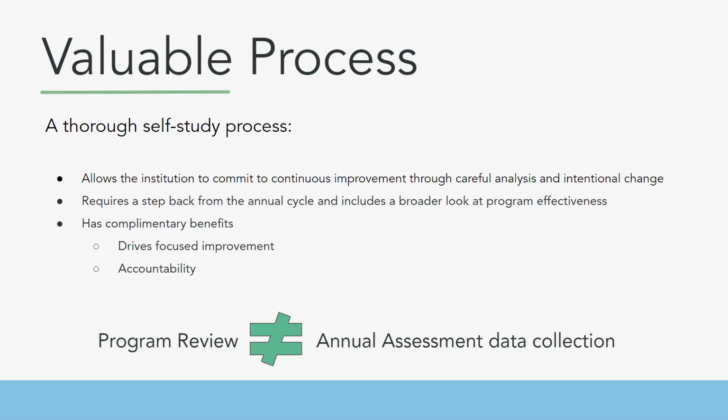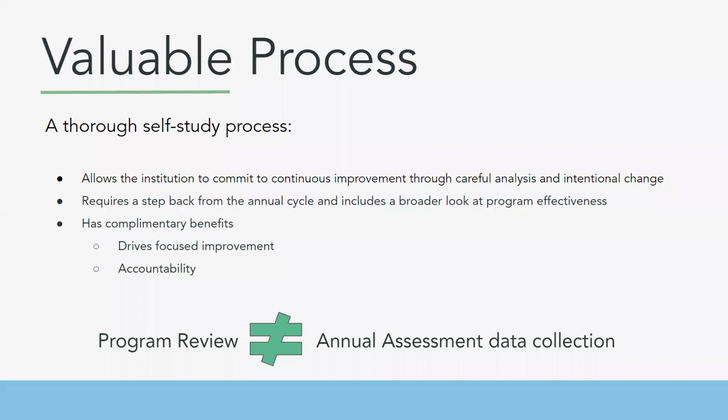It is really important when undergoing program review that several things are made transparent to all participating. First is, and you can see this at the bottom of the slide, there is a difference between program review and your annual assessment planning.